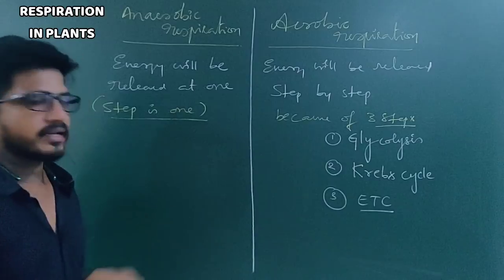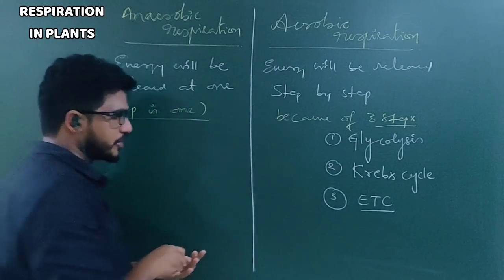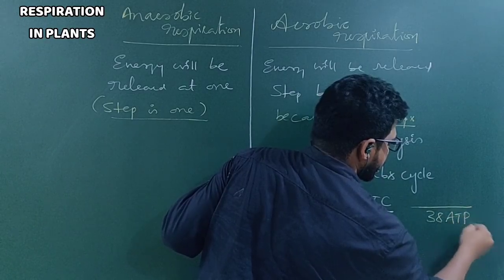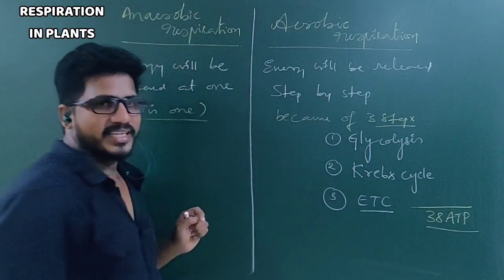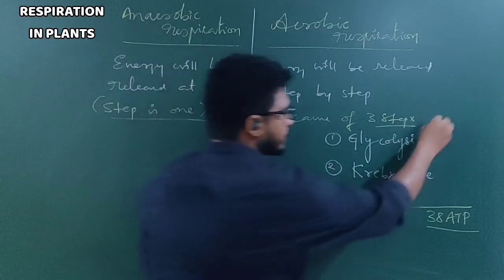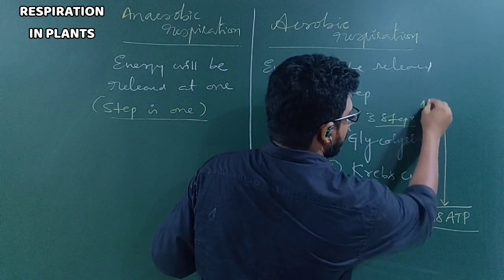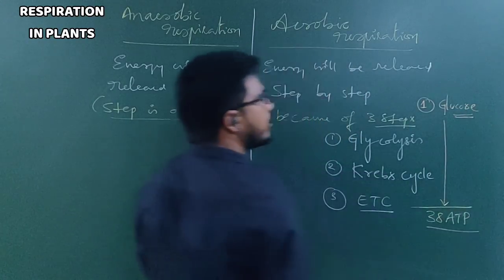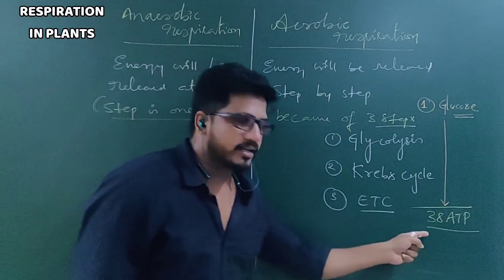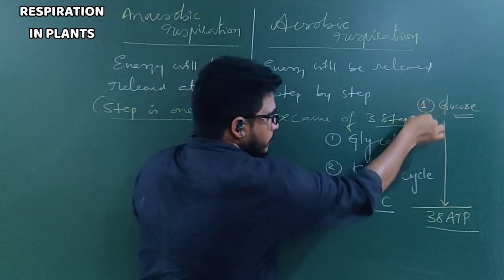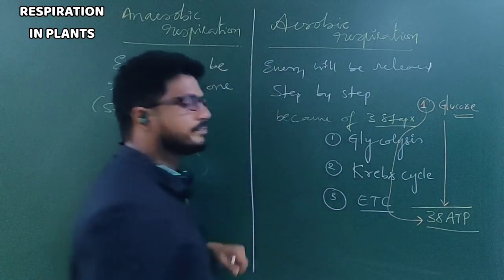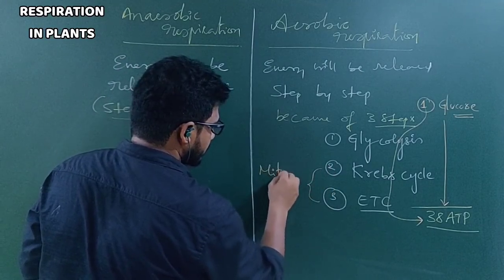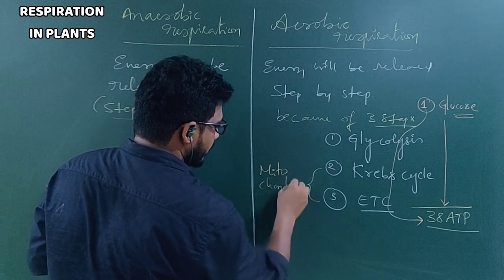By all these 3 in aerobic respiration, 38 ATPs will be produced by a single glucose molecule. By one glucose molecule's oxidation, 38 ATPs are produced when the glucose molecule goes across all the 3. These 2 require mitochondria.